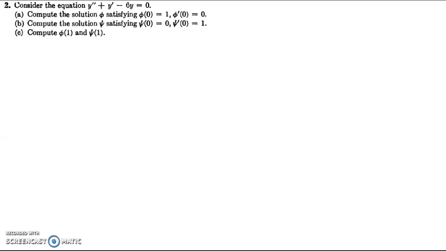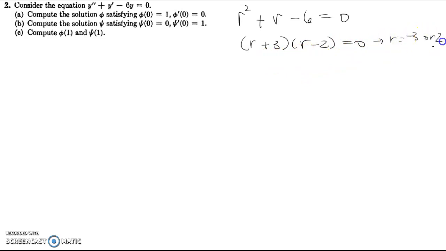Alright, so let's go on and consider problem number 2. Let me go ahead and solve this system first. That would be r squared plus r minus 6 equals 0. Factoring this gives us (r plus 3)(r minus 2) equals 0, which then gives r equals negative 3 or positive 2.